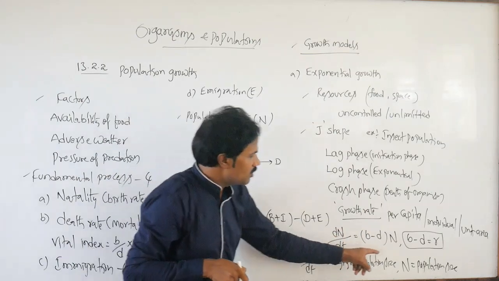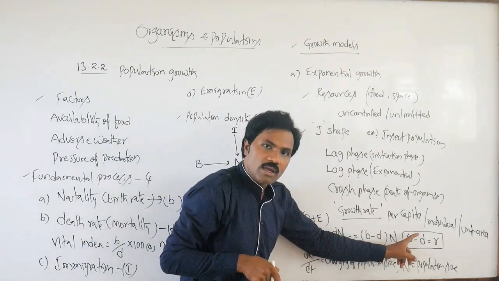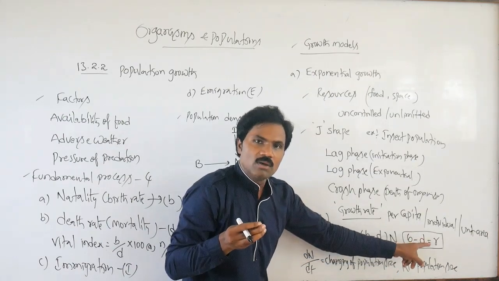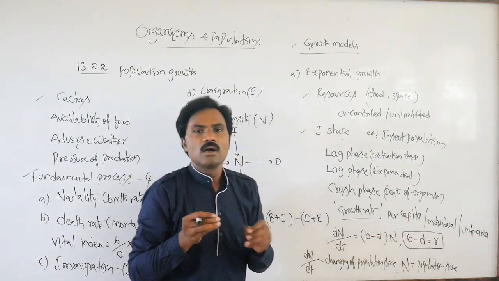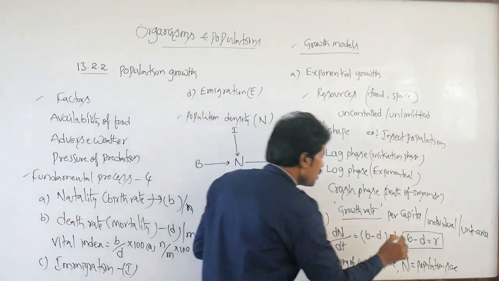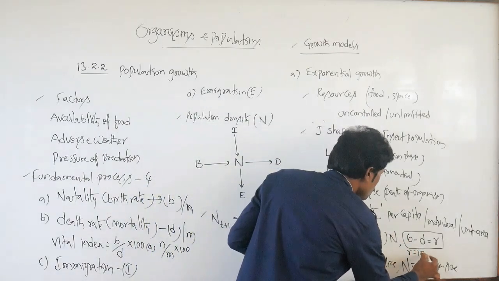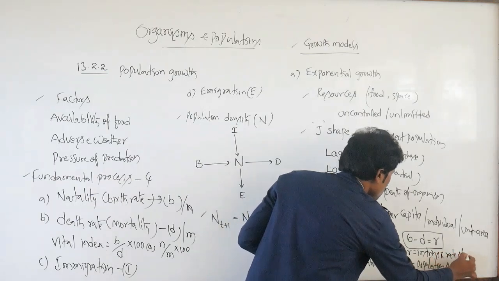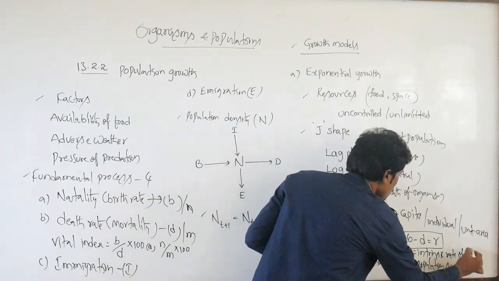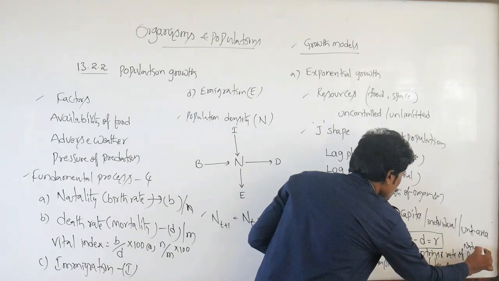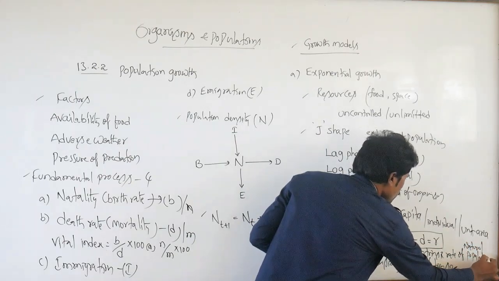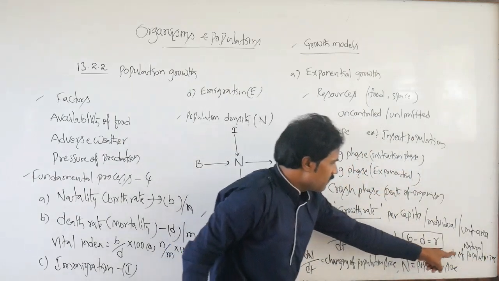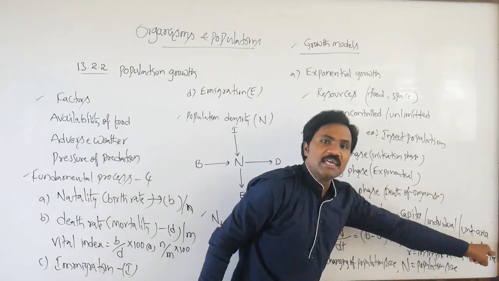That means if you know the birth rate as well as the death rate, instead of birth and death rate you simply write r. r is equal to the intrinsic rate of natural population increase.